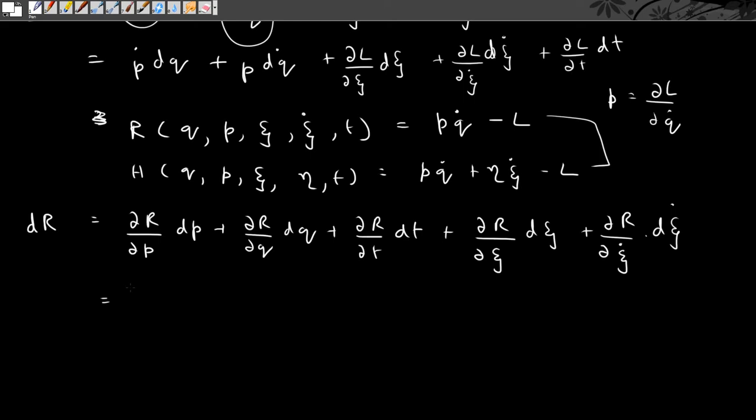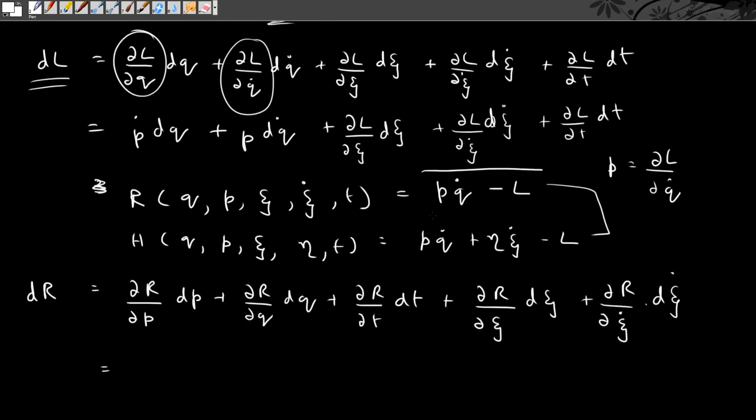What will this be equal to? Here we are going to use this particular relation for the Routhian and calculate dR as dp times q dot plus p times dq dot minus dL.